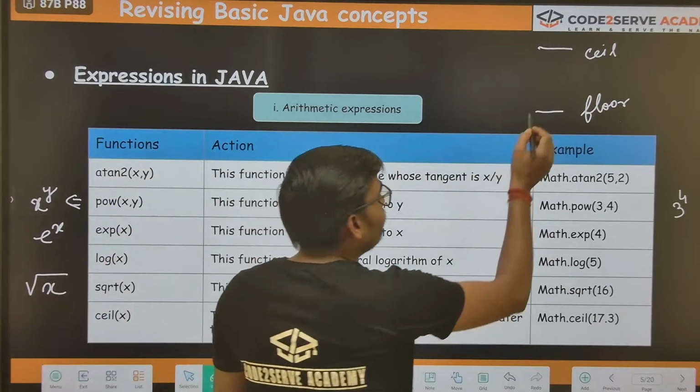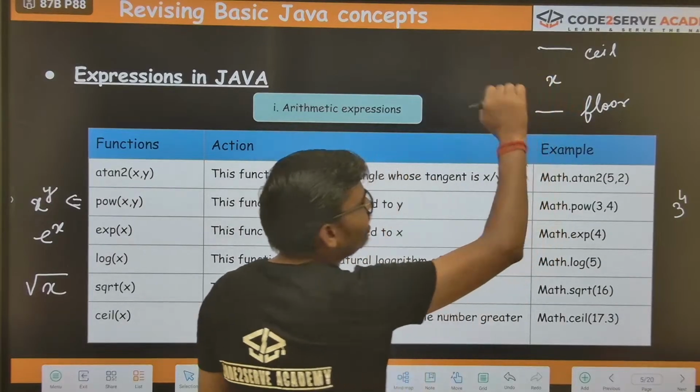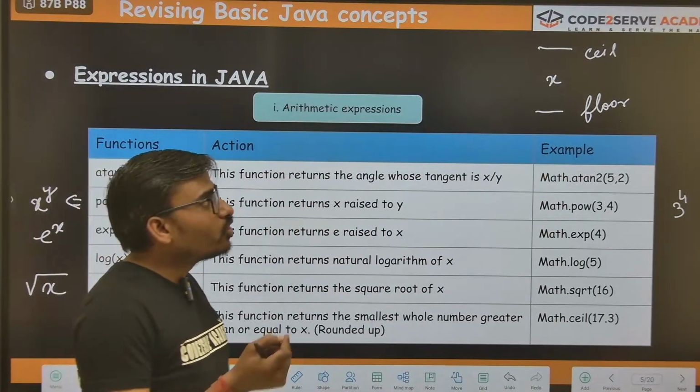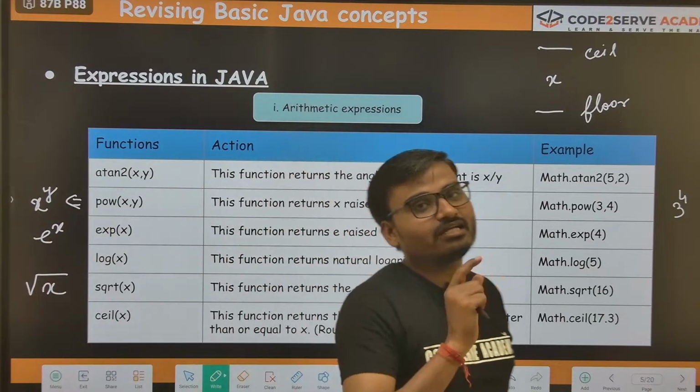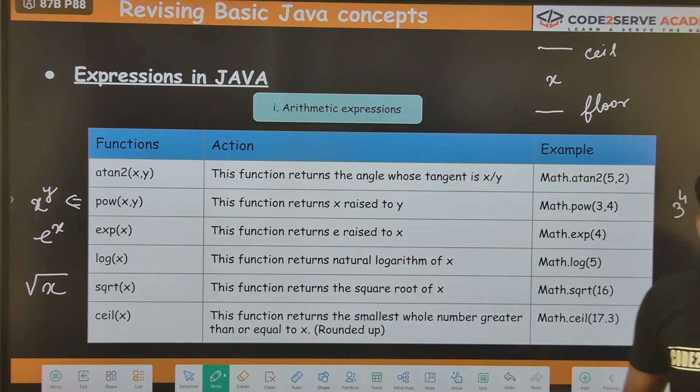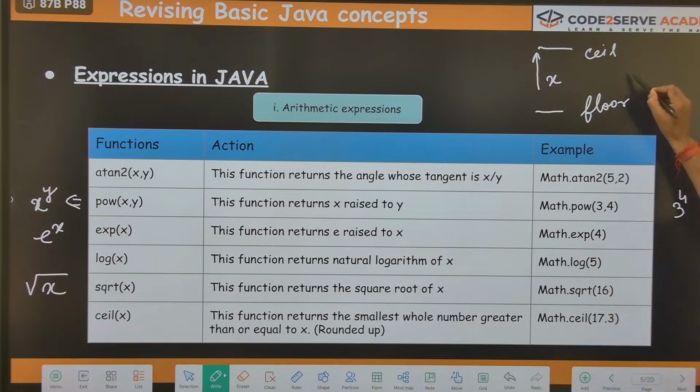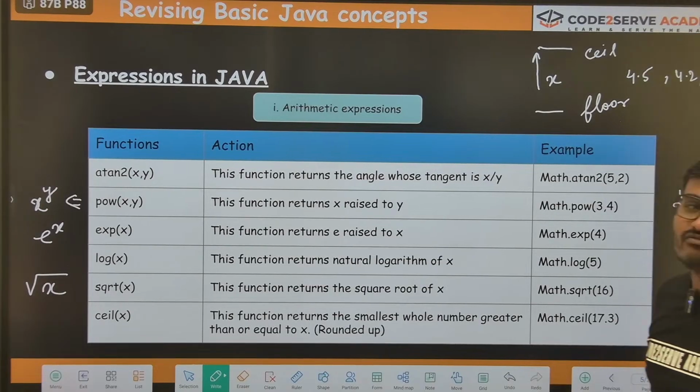Suppose any number, let's say x, is present here, and you want to find the ceil of that number. What do I mean by this? When I say ceil of this number, that means you have to go upward. Suppose I give you the example of 4.5, or take 4.2, or 4.1.